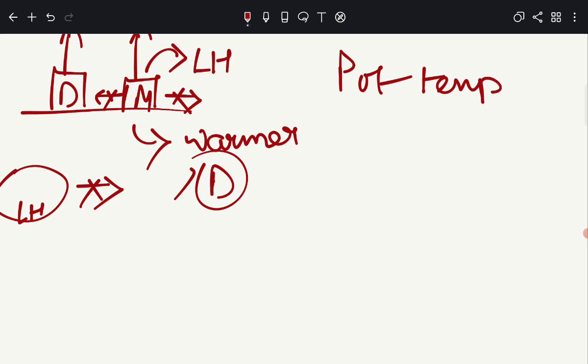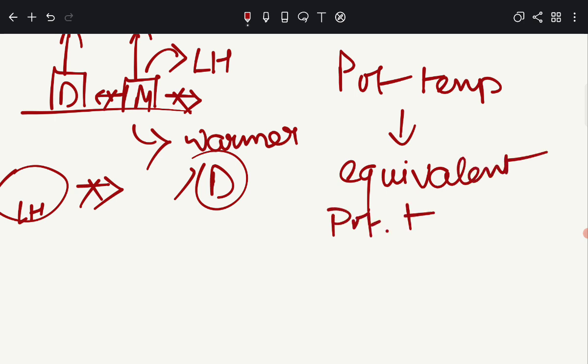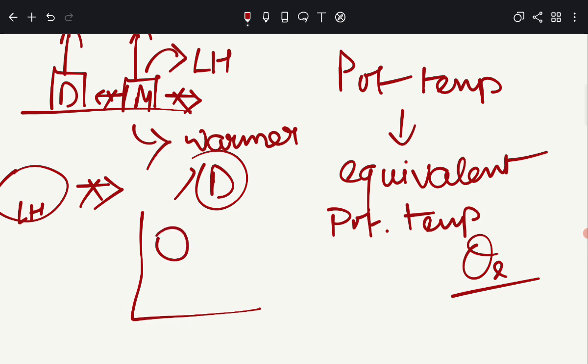Now if we have moisture in the air parcel, then that is known as equivalent potential temperature, or in short we can write it as theta E. How the definition can be stated is that if we have a moist air parcel and we bring it to a certain reference level adiabatically, then the temperature we would attain is known as equivalent potential temperature.